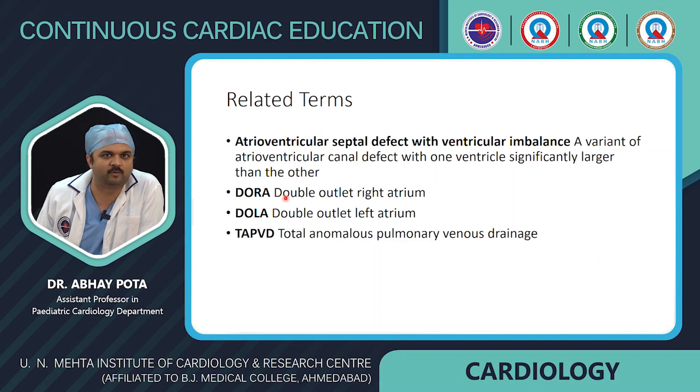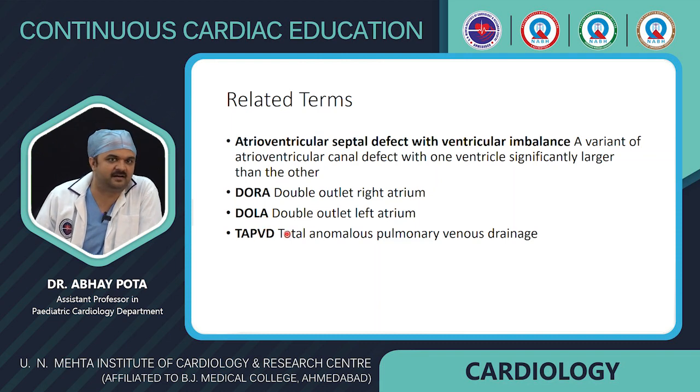So that is called double outlet right atrium. What is double outlet left atrium? In double outlet left atrium, the LA is emptying into RV and LV both via the tricuspid valve and mitral valve, while the RA outflow is getting restricted because of the malaligned septum secundum.